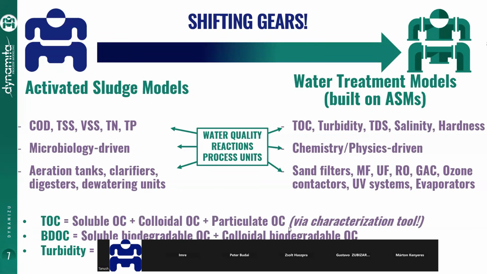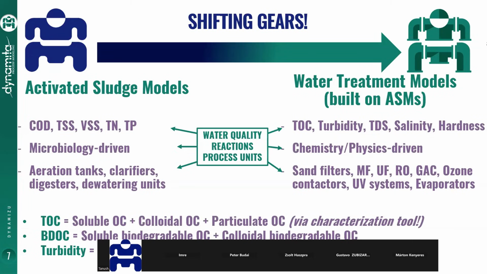And finally, I want to mention the three important water quality parameters, TOC, BDOC, and turbidity, and how they are calculated. For TOC, the total organic carbon, we focus on soluble, colloidal, and particulate organic carbon. And there is a characterization tool available as part of the simulator.